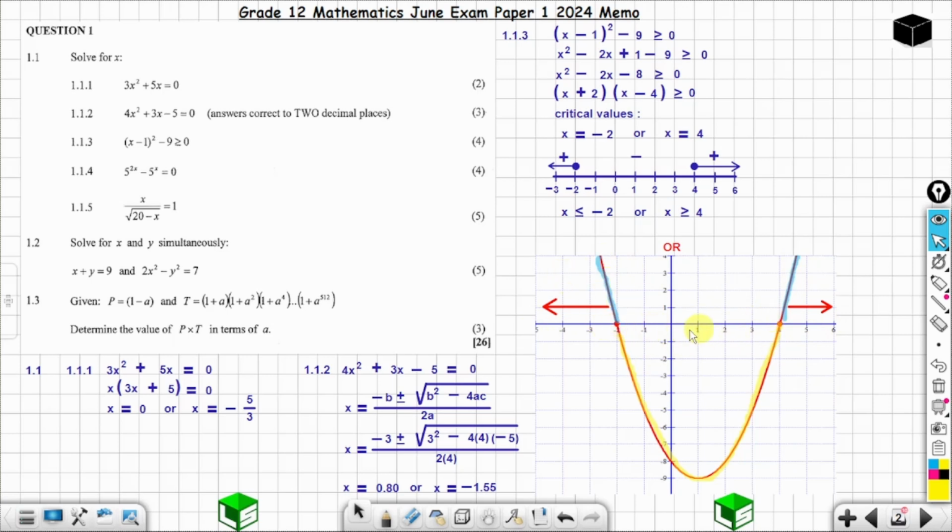These ones, they are going to make the parabola negative. Okay, so you have x less than or equal to -2, or x greater than or equal to 4. Okay, so this is how you can solve this question. Let's move on.